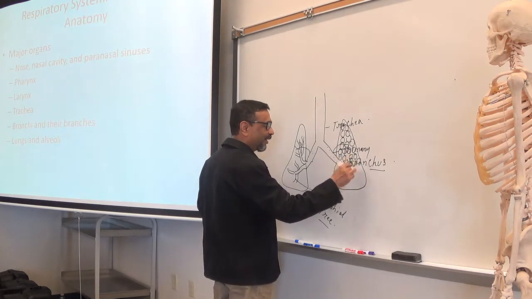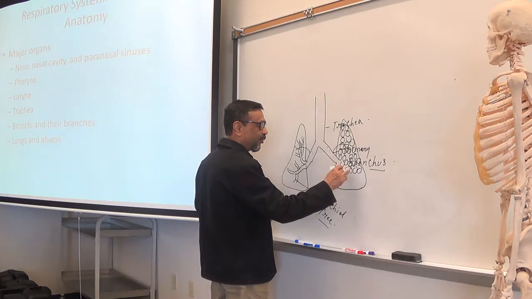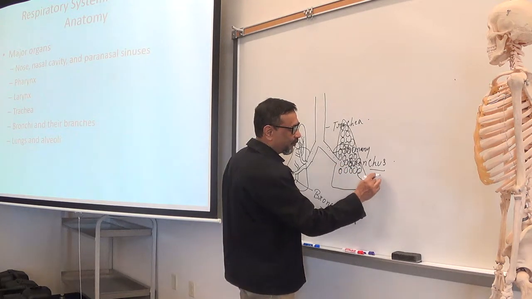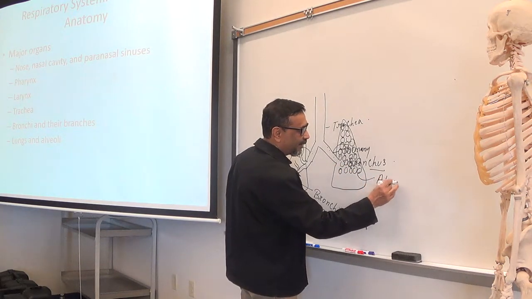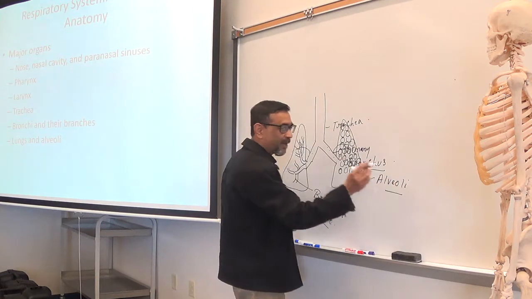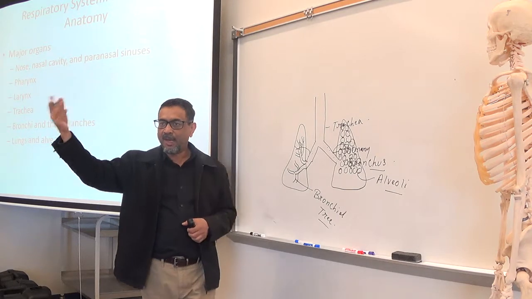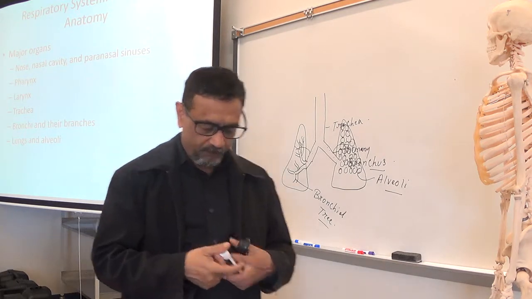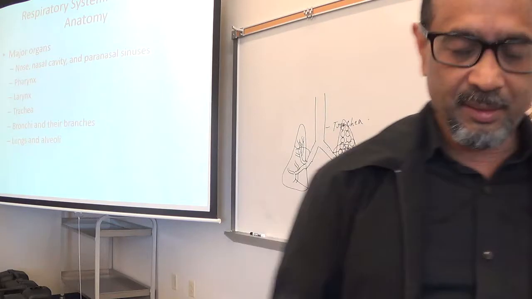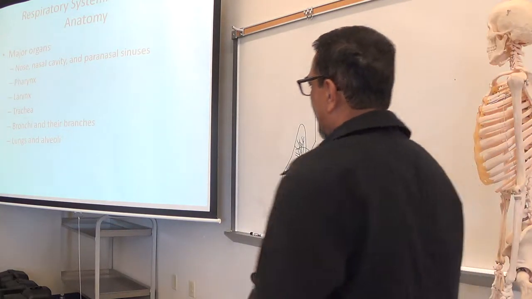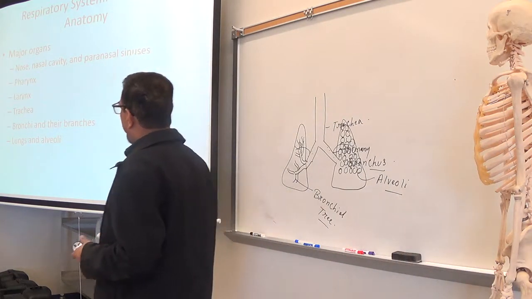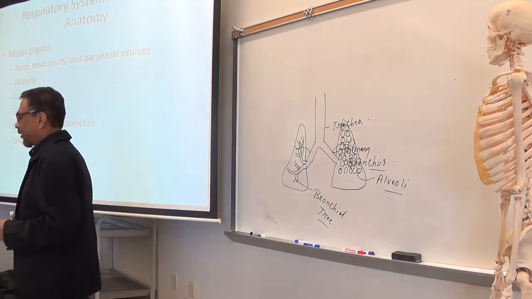So now you can think how small air balls those are. Alveolus is singular, alveoli is plural. Some people say alveoli, that's also okay. Okay, so those are the parts of the respiratory system.